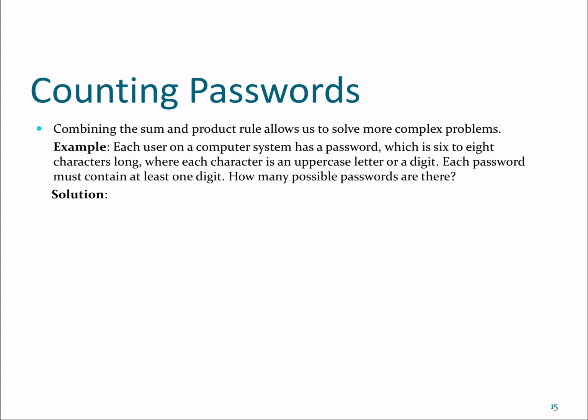For example, each user on the computer system has a password, which is 6 to 8 characters long, where each character is an uppercase letter or a digit, and each password must contain at least one digit. So how many possible passwords are there?